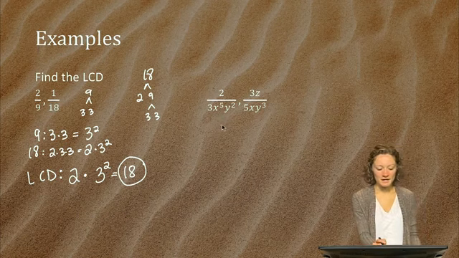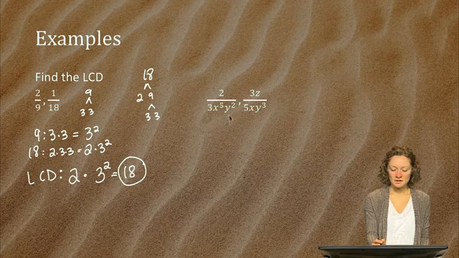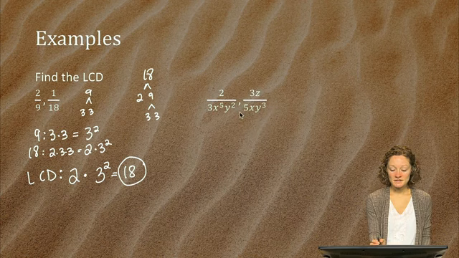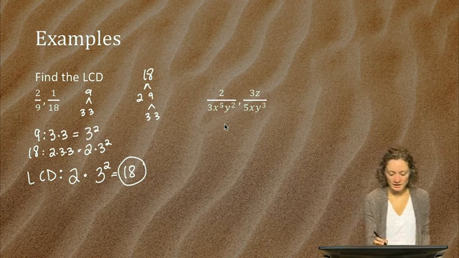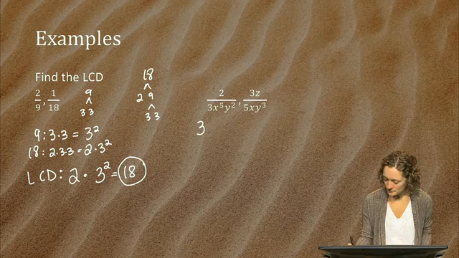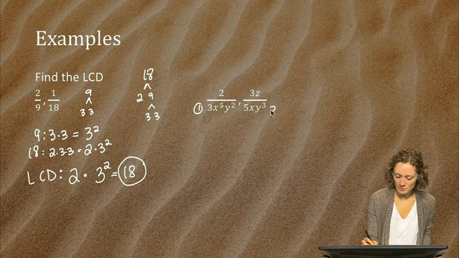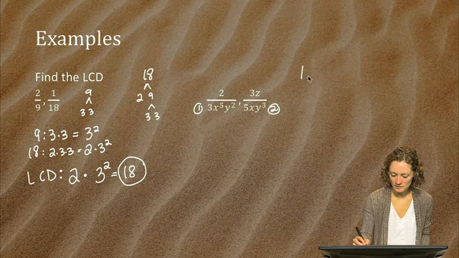All right, so our next problem, our directions again, find the LCD. We have 2 over 3x to the 5th y squared and 3z over 5xy cubed. So completely factor each denominator, and these are only one term, so there's not anything we can do to factor, but let's call this denominator 1, denominator 2.